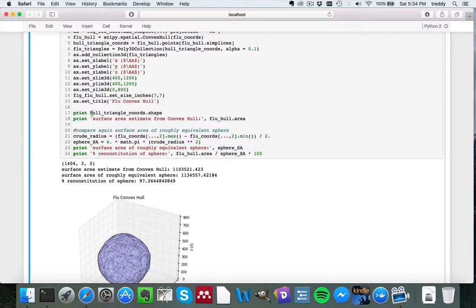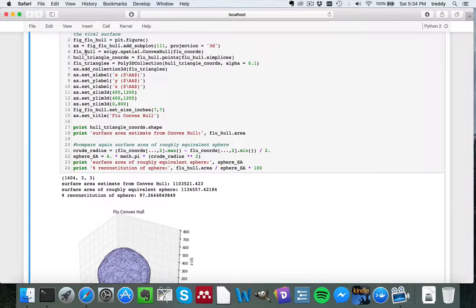Now it turns out, and I think this is a fairly recent development, that we can access the area of the convex hull from the instance object here, so flu_hull.area. I used to do this by summing together every single triangle surface area using Heron's equation, but it turns out that this is now built into scipy.spatial.ConvexHull, which is again probably leveraging the functionality from the underlying Qhull code.